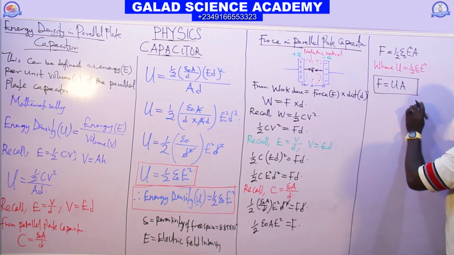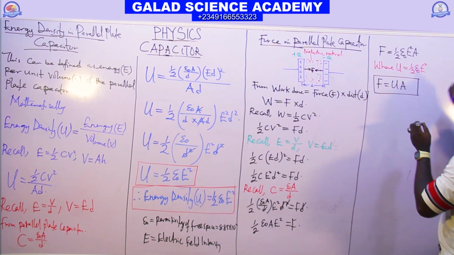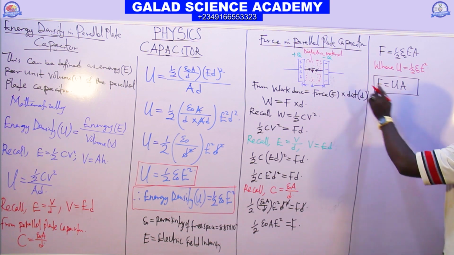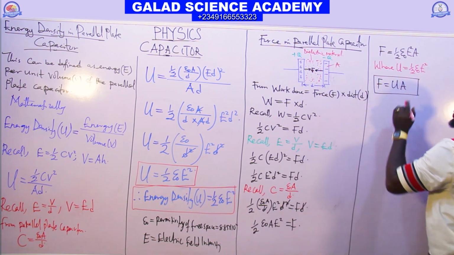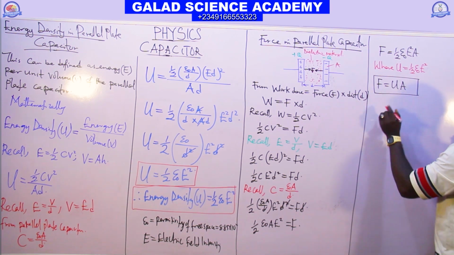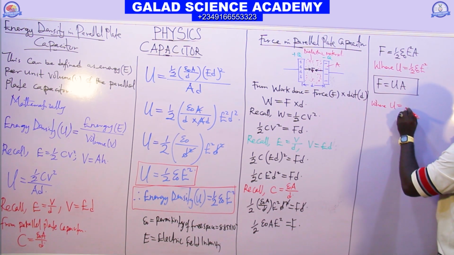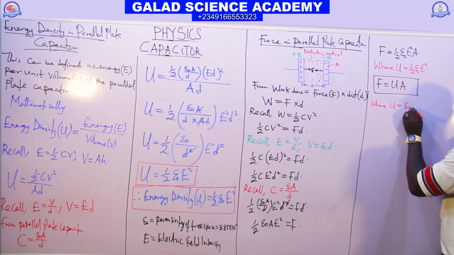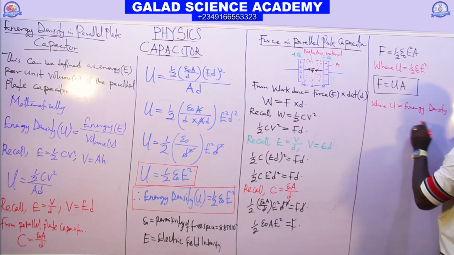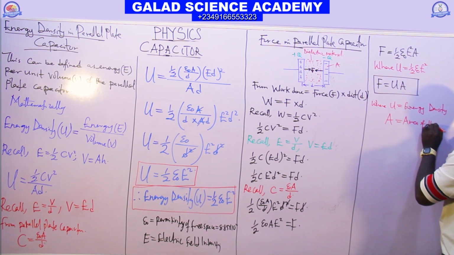Therefore, the force between the two parallel plates is the product of energy density and the area A of the plate, where U is the energy density and A is the area of the plate.